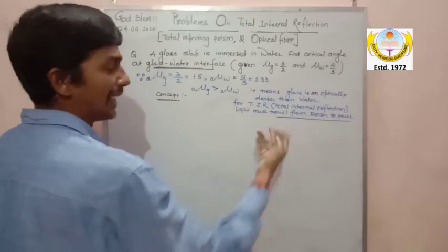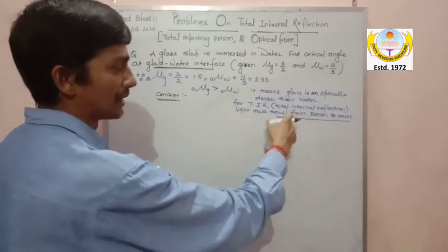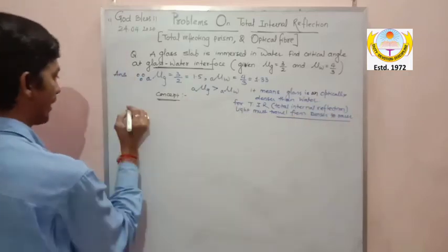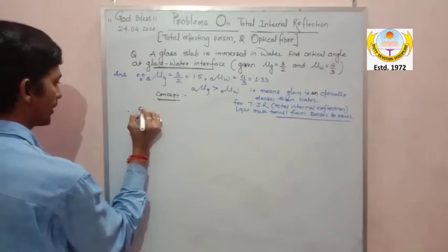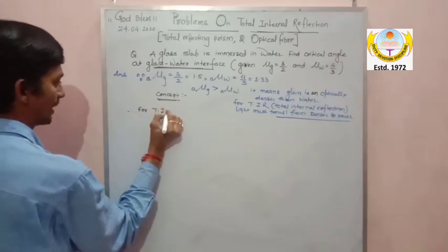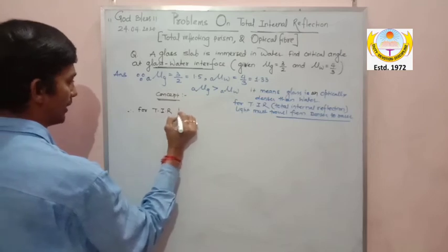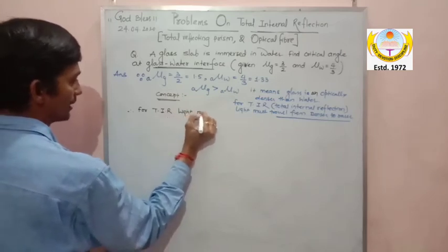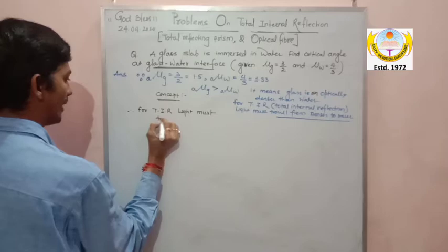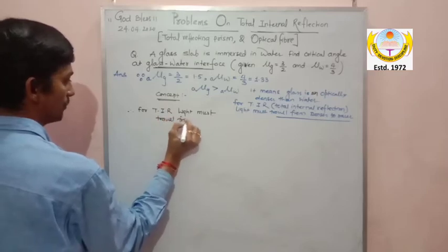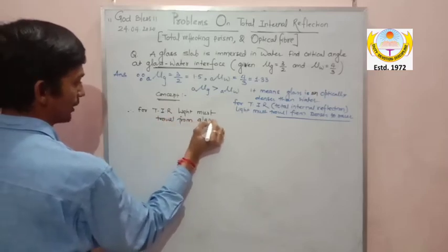And therefore for TIR, we know that the light must travel from denser to rarer. Therefore for TIR, that is total internal reflection, light must travel from glass to water.